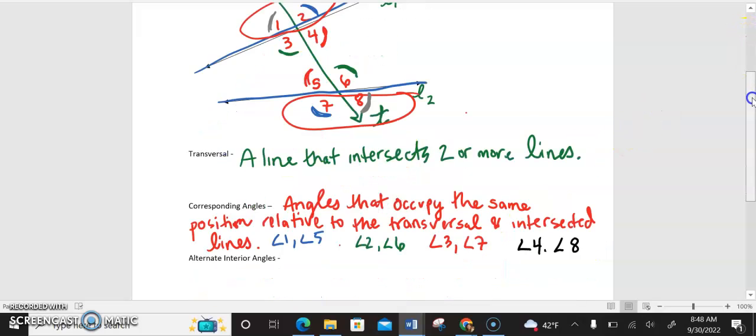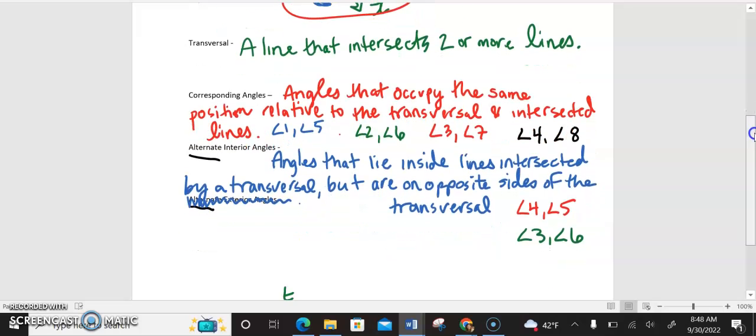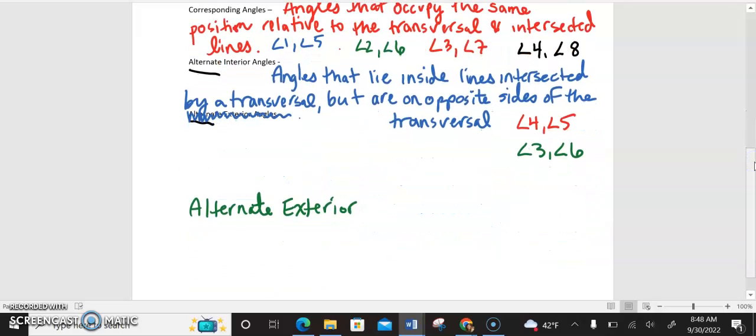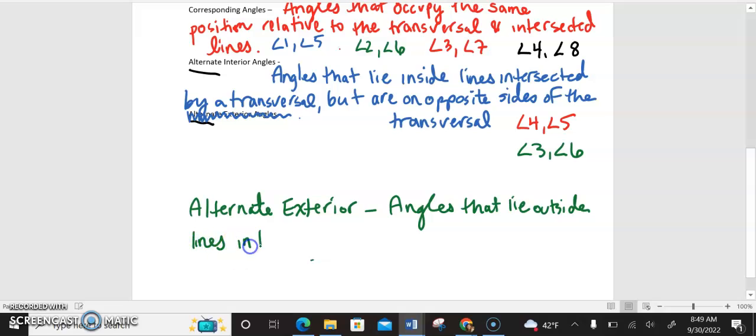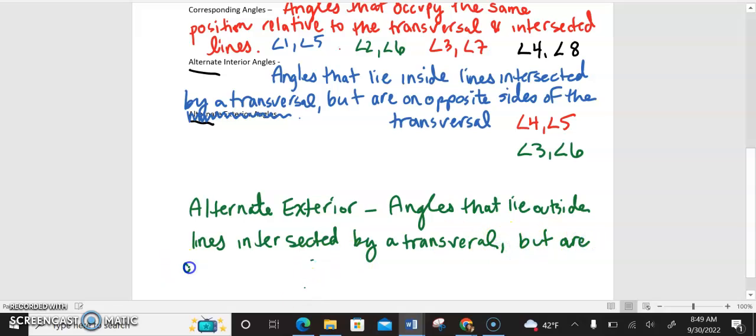So alternate exterior angles are angles that lie outside lines intersected by a transversal, but are on opposite sides of the transversal.